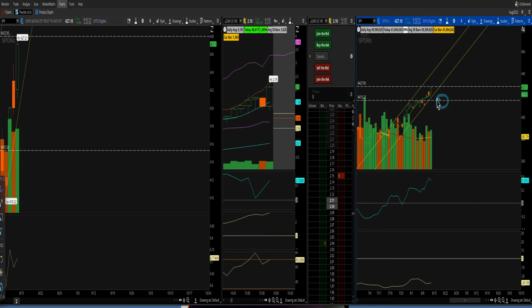Right back down to 415 to test 415 and either bounce and break through, which would put us back into a little bear position, or it could hit right here at 427 and bounce and break out and move up, right? As long as it stays within this channel, we could see this happening. We could see that staircase type of position happening, right?